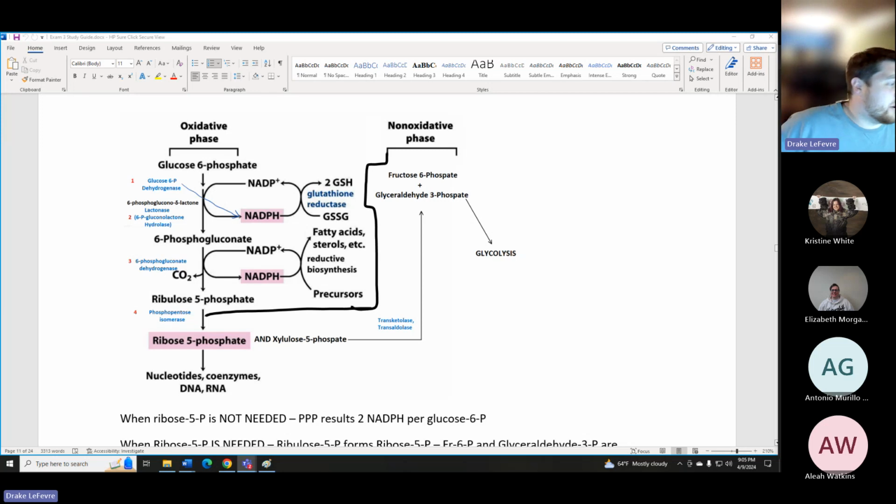Ribulose is going to be our ketone, and it gets converted to ribose 5-phosphate, which is our aldehyde. Ribulose 5-phosphate can also be converted to xylulose, which is another ketone. So it can convert to either, but we typically talk about ribulose 5-phosphate being converted to ribose 5-phosphate. And ribose 5-phosphate is what goes and becomes that nucleotide in DNA and RNA.